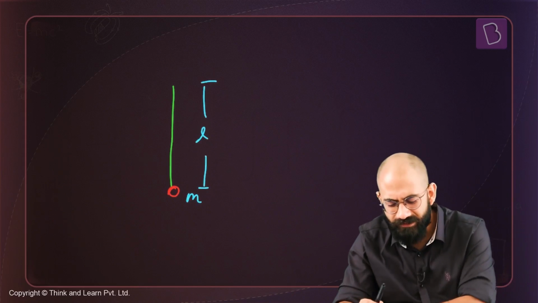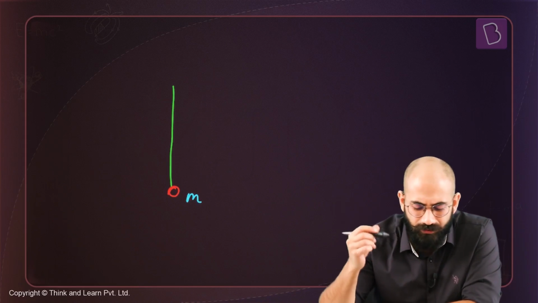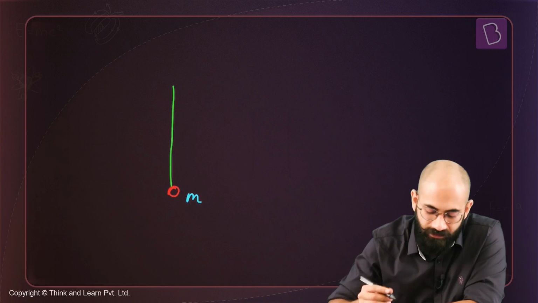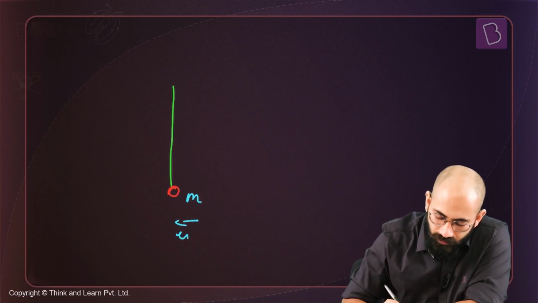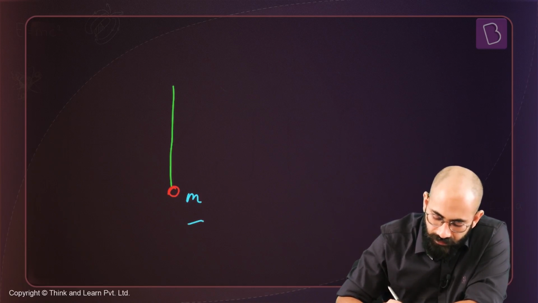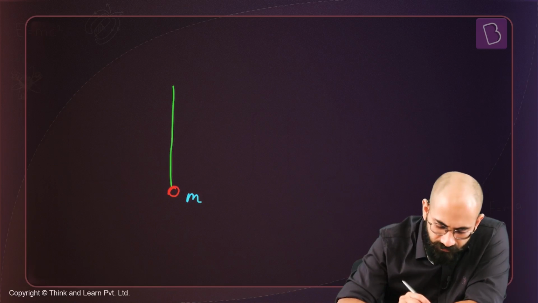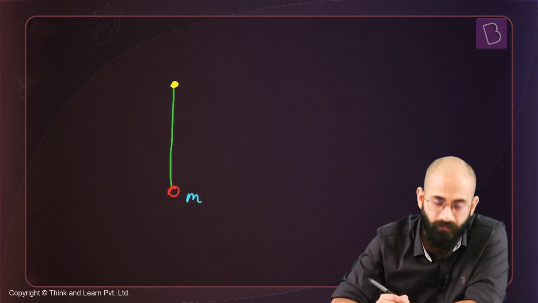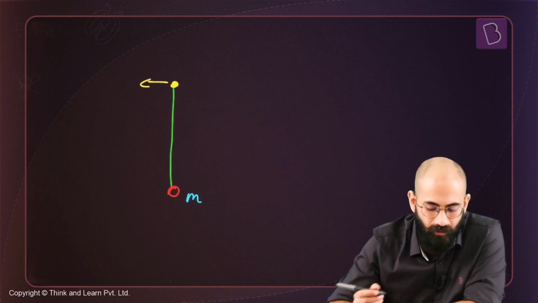Now, this is slightly interesting because in most of these problems, we are used to giving the ball an initial velocity in some direction. So generally we say, give the ball an initial velocity of u or something like that, right? In this direction or in this direction. But here, this question says the point of suspension here is given a speed or a velocity in some direction.